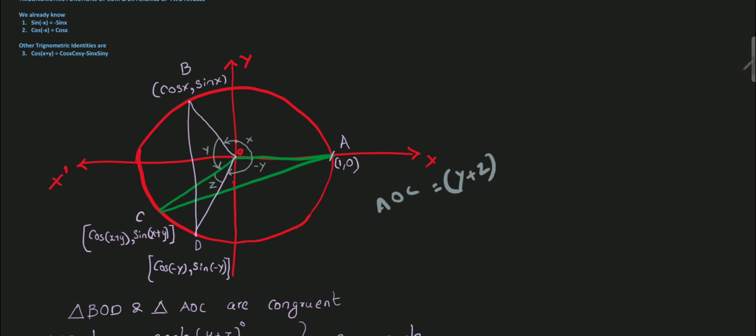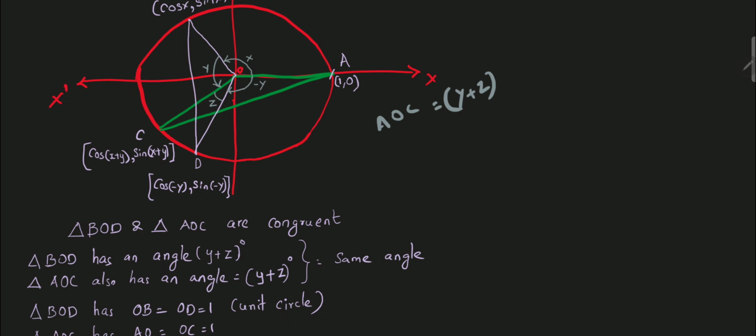So don't worry about how it can be cos x sin x when x is not 90 degrees. They still give a 99% accurate result. Just remember that the cos of that angle is going to be the x coordinate and the sine of that angle is going to be the y coordinate.